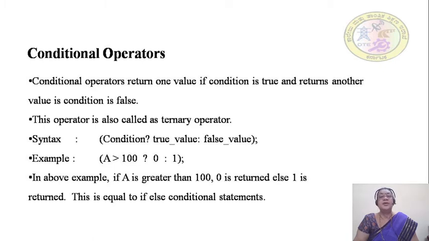For example, a > 100 ? 0 : 1. So in this example, if a is greater than 100, 0 will be returned, else 1 is returned. This operator is equal to if-else conditional statements.